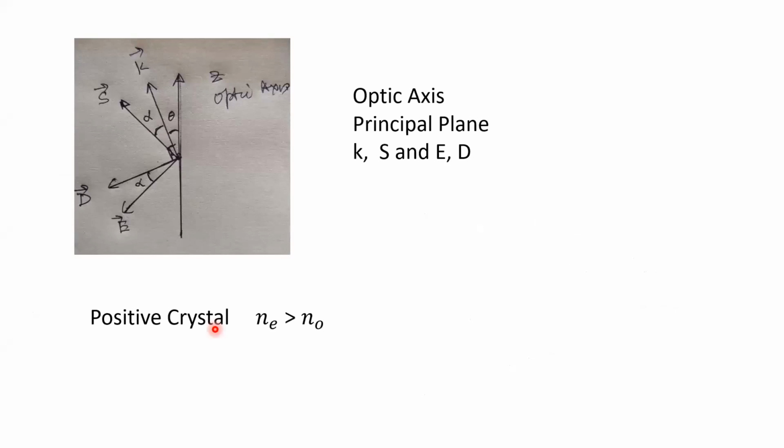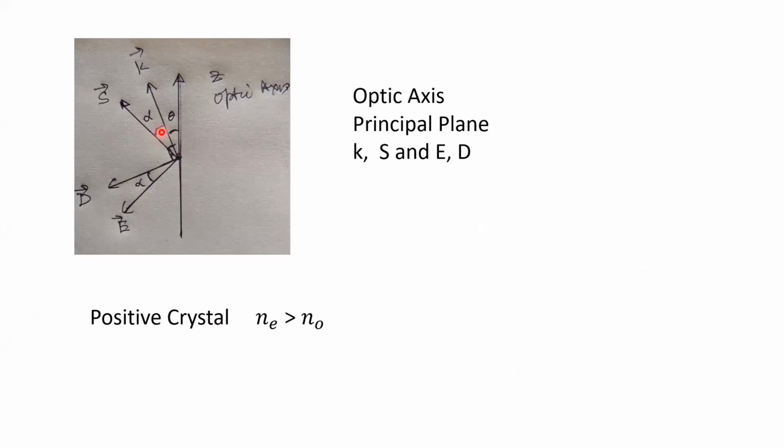Let's go back and see what that angle was. This angle. Okay. All right. For E ray, there would be an angle between the pointing vector and K. Not for O wave. Because for O wave, D and E are parallel anyway. So S and K are also parallel. D and E are not parallel for E wave.